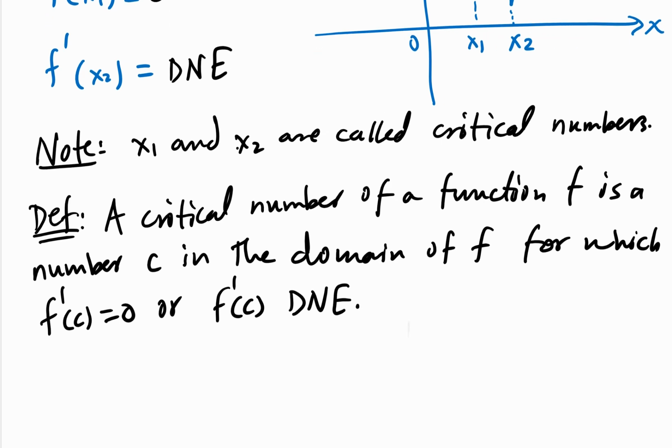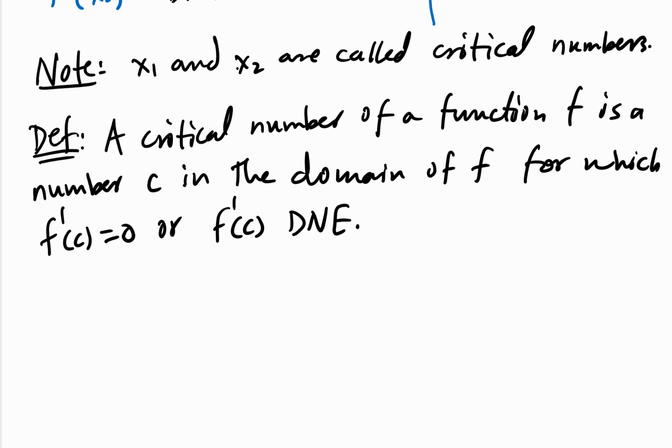So any x value that will make f prime at c 0 or does not exist, we call it a critical number. How about if the function is not given as a graph?